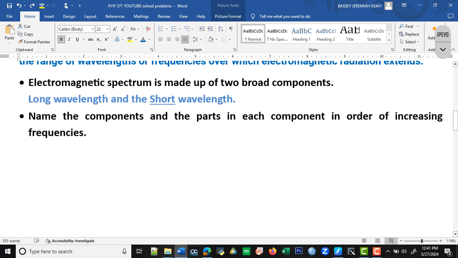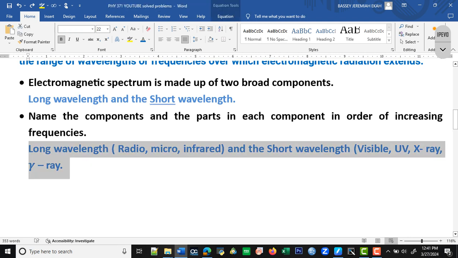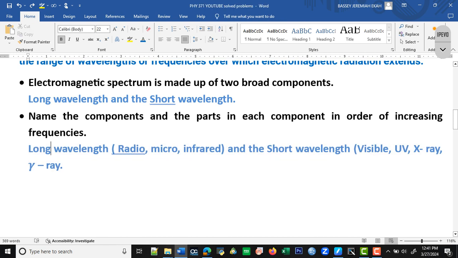This one says, name the components and parts of each component in order of increasing frequencies. The first component we have written here is the long wavelength.